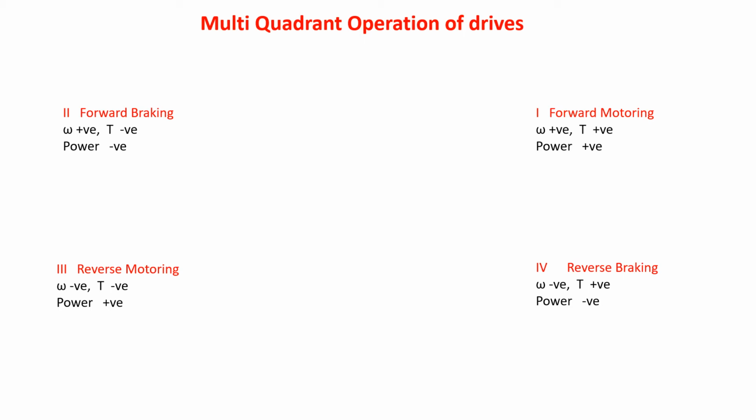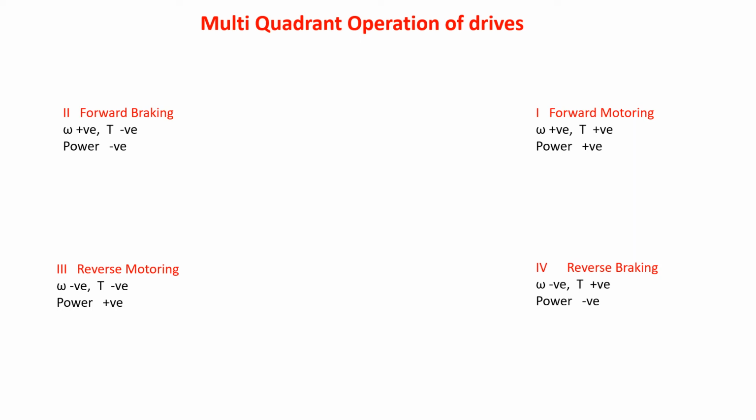The same diagram, only I have put in the omega m and torque in each quadrant. In forward motoring, omega and torque are positive, power is positive. Second quadrant: omega is positive, torque is negative, so power is negative.